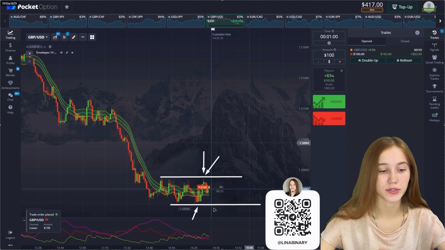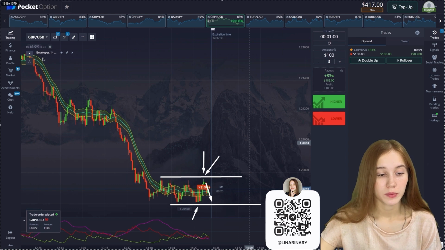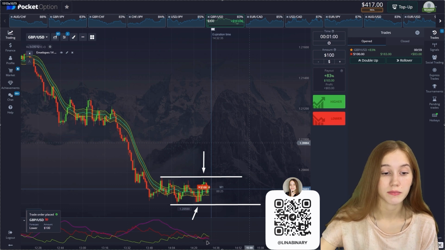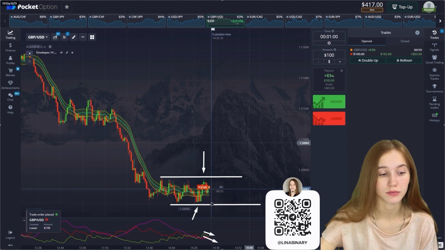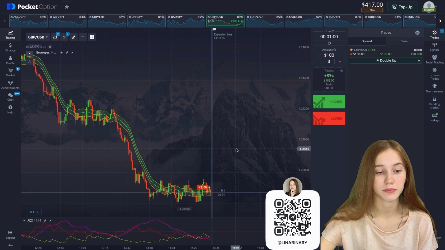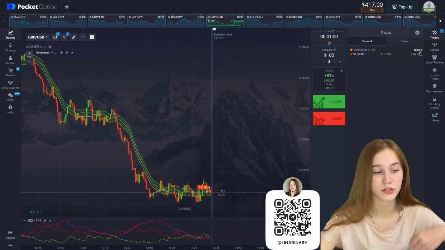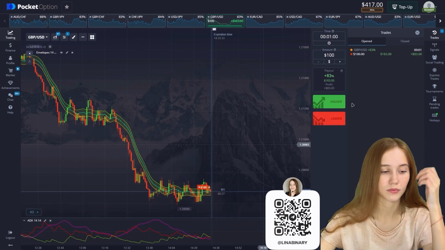We see our first indicator, boundaries, and the purple line shows that this line is decreasing. That's why we up and down. And the seconds, 3 seconds left, and we're in the black. Profit is $183. And let's move on.